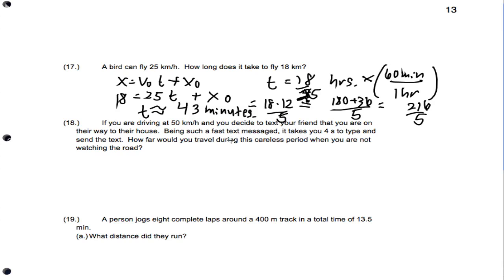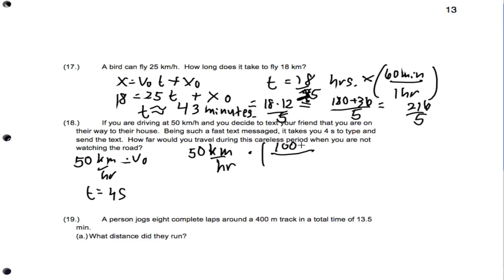You need to be fluent in it. Okay, so now, you are traveling at 50 kilometers an hour. That's your v naught. You have a time of 4 seconds, and you want to know how far you travel, but you've got to do some unit conversions. So I'm going to convert kilometers per hour to meters per second. That's the first thing I'm going to do. So that's going to be 50 kilometers per hour, and I'm going to convert 1,000 meters over 1 kilometer to cancel my kilometers.